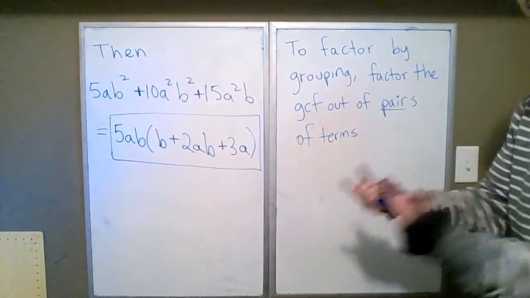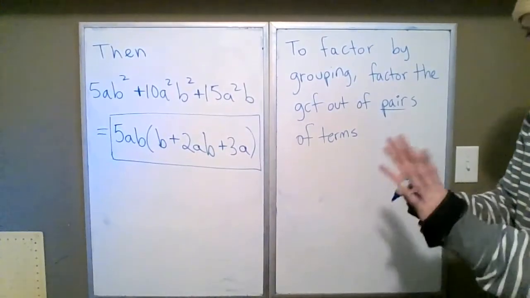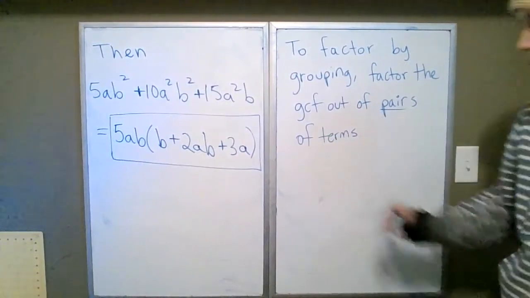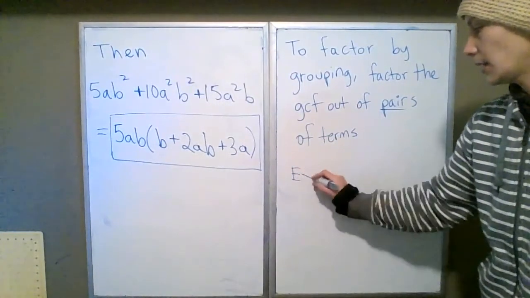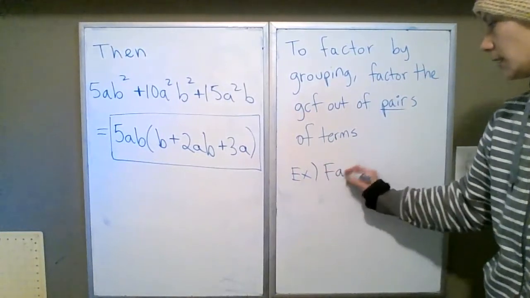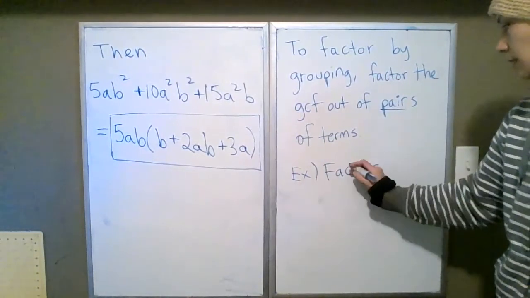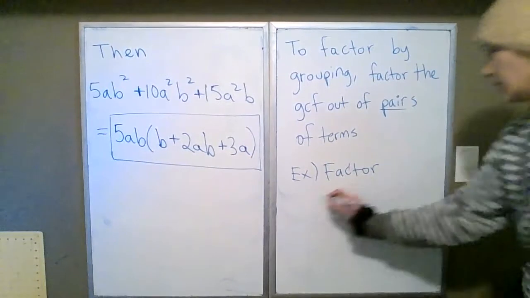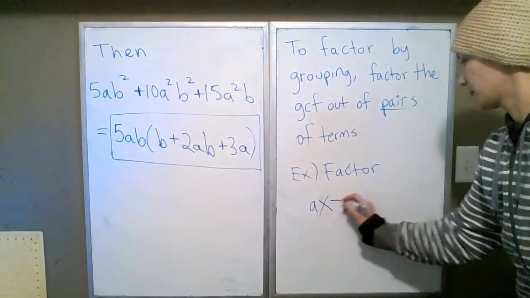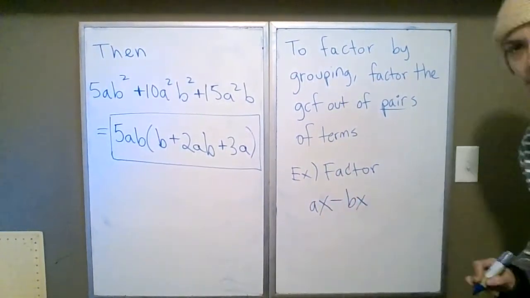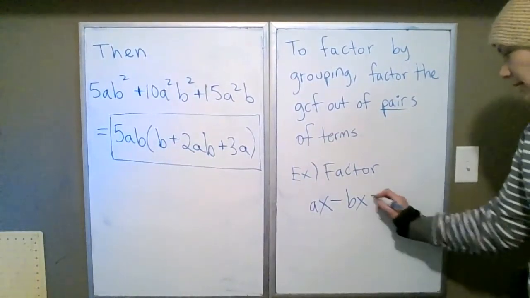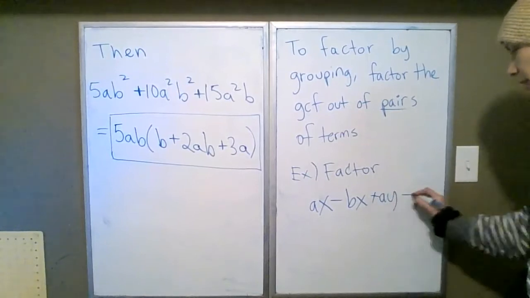So first we're gonna pair terms up, factor them, and then what's left over, we're gonna pair those up and factor those too. Okay, factor ax minus bx add ay minus by. Add an ay, take away a by.